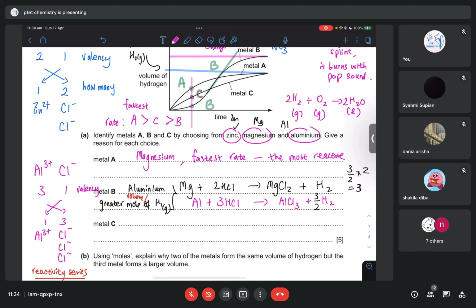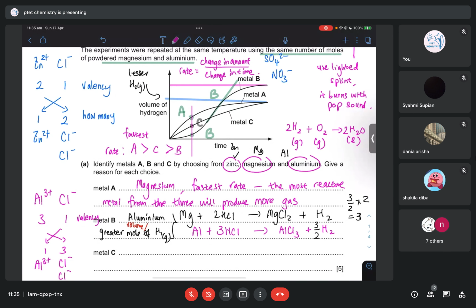The most reactive metal from the three choices will produce more gas. That is actually wrong because I haven't completed the sentence. We know that it doesn't produce more gas than B. So we're talking about producing more gas in a fixed time. In a given time, before the reaction completes, the one that produces the greater volume of gas is the fastest at the beginning.